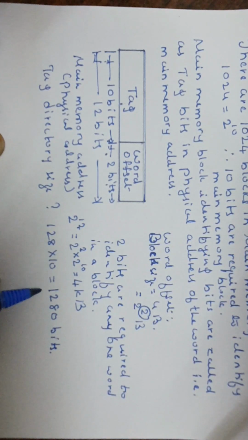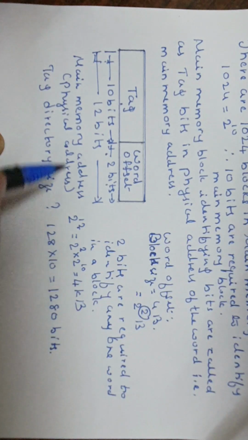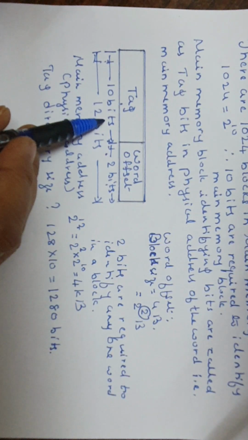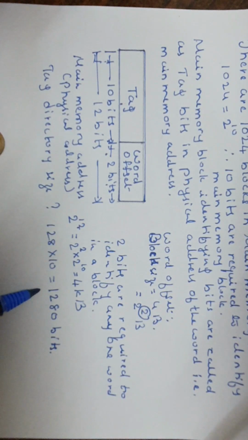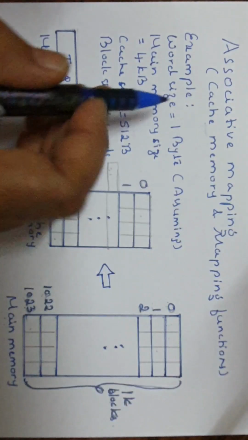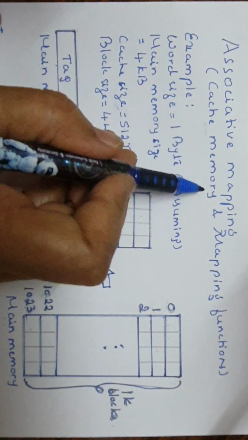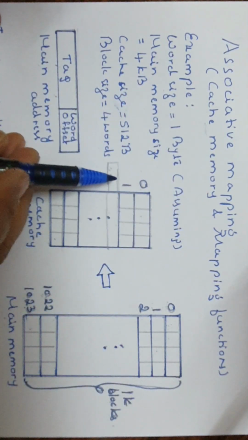That was the answer for the second question. What was the first question? Find the split in the physical address. The second one is find the tag directory size. Both questions are answered. So what was the topic? Associative mapping, which comes under cache memory and mapping functions.